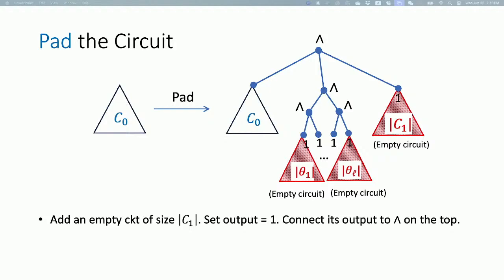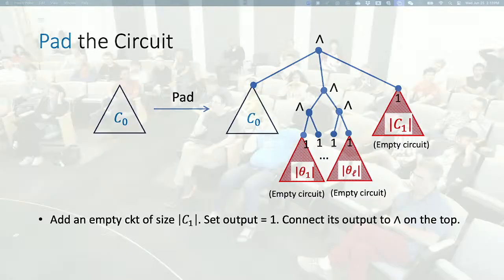Okay. Are you sort of blowing up the circuit to fit the equivalence proof? Yes. So I'm going to add a lot of space to fit the equivalence proof. Initially, for all of the space reserved, we will set the output value to be 1.